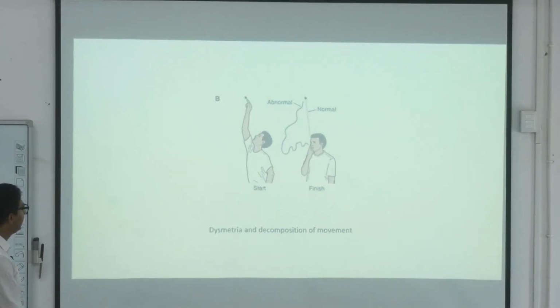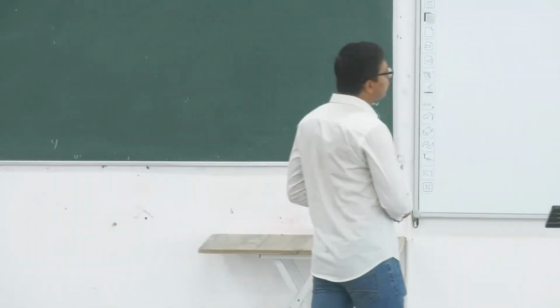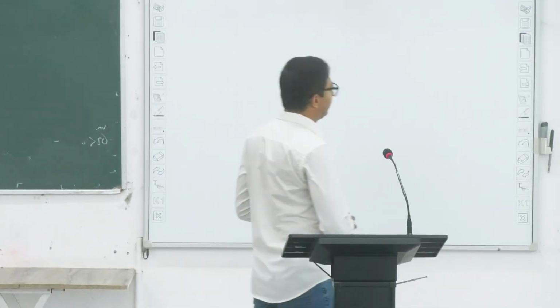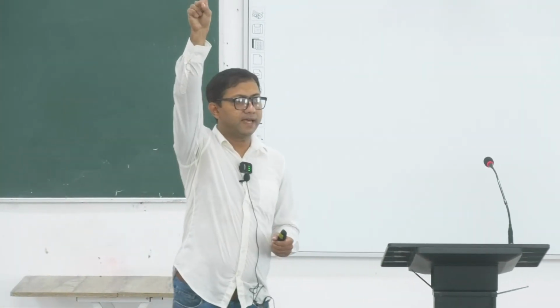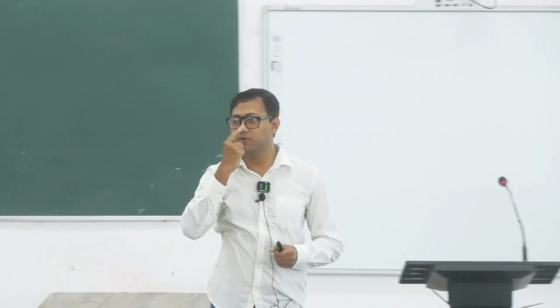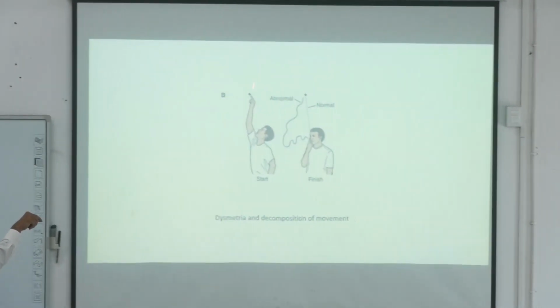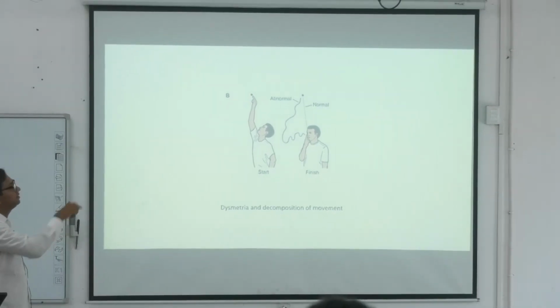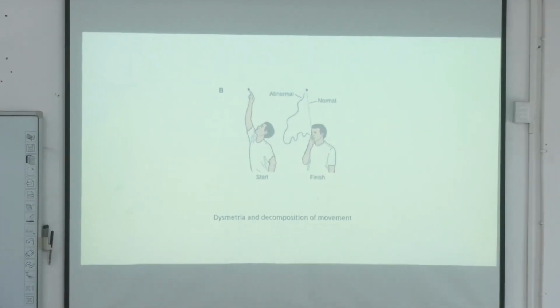Now, next point is dysmetria and decomposition of movement. If I ask the patient to touch a point above and then touch the tip of the nose, here is a point above, the patient is starting from this point, and will finally touch the tip of his nose.